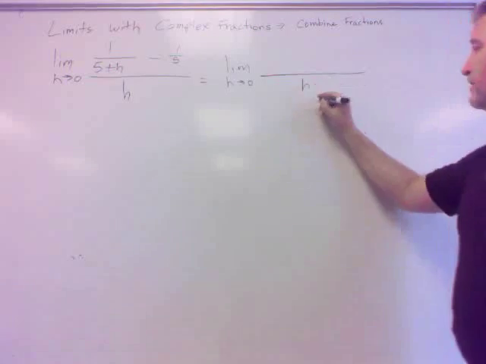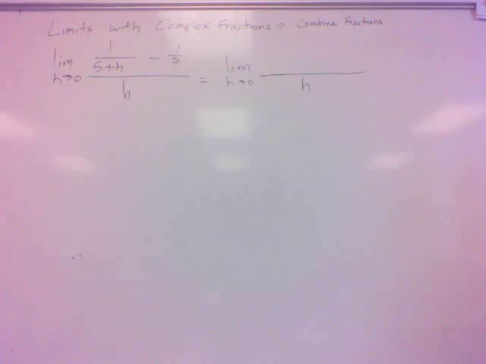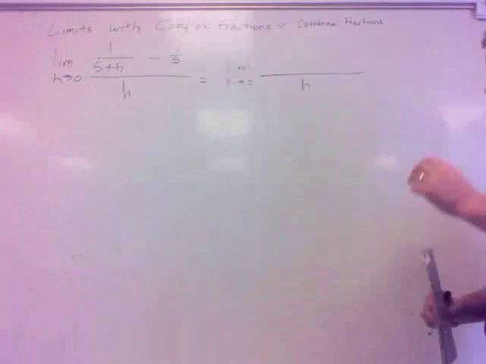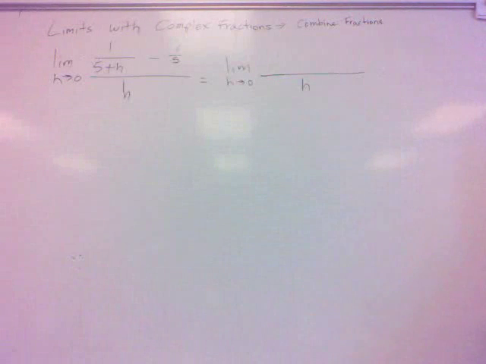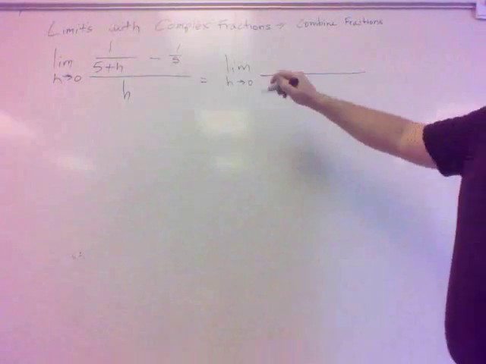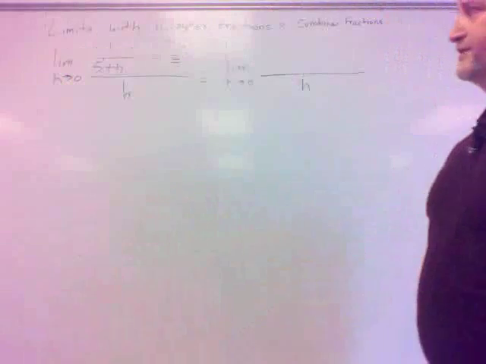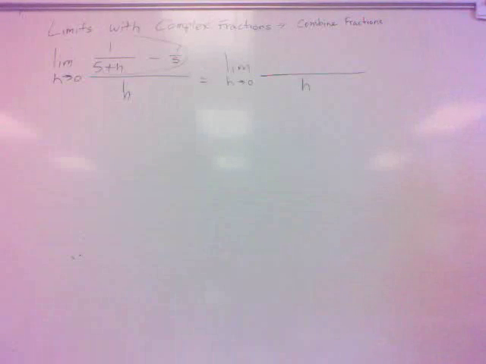Just leave the over h, which is the problem here. It's over h. H is going to 0, so it's over h. Yeah, that's a problem. Okay, but how would I combine these fractions? Well, they're subtracted, so what do I need to subtract them? Common denominator.